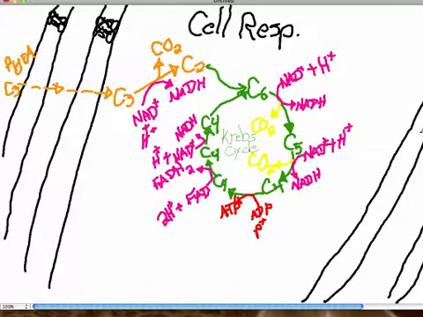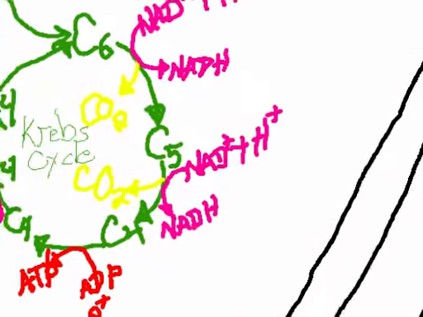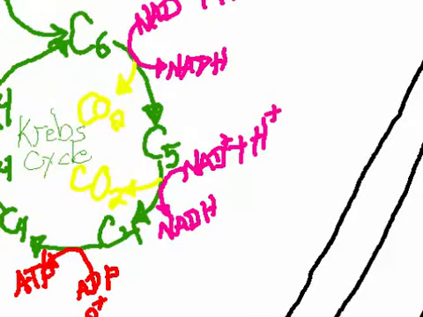Second part of cellular respiration, aerobic cellular respiration, involves a bunch of molecules that are embedded in this membrane. I want a thicker stroke. First we have this molecule, very large.